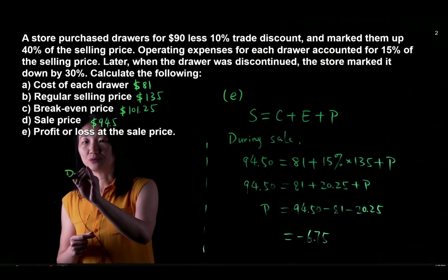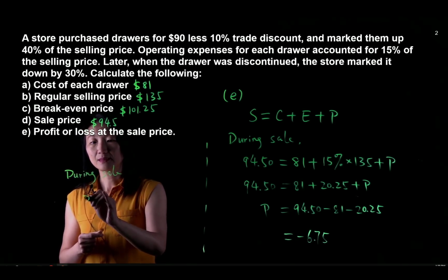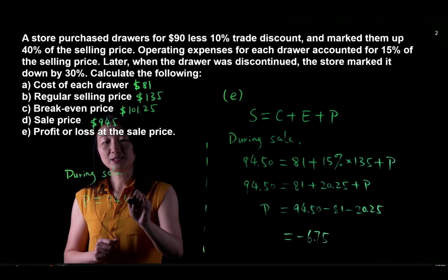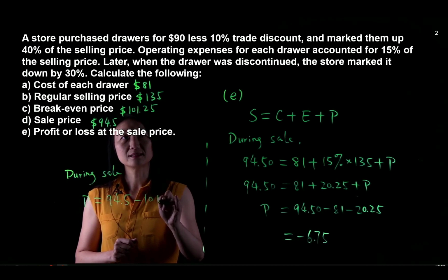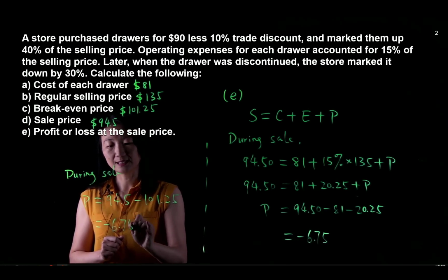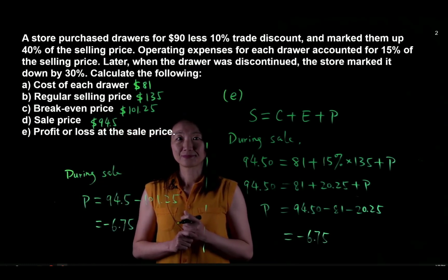Therefore, during the sale, the profit or loss equals the sale price subtract the break-even price, which also comes out to be negative 6.75. That's all for the question.